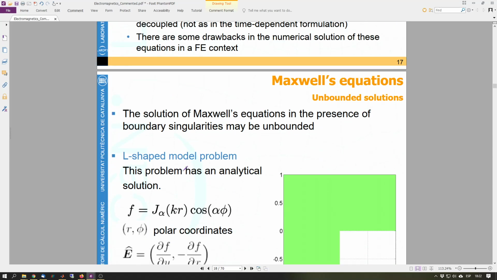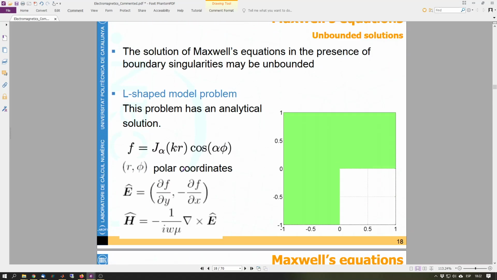So this is one example, the L-shape problem, where the analytical solution can in fact be written in terms of Bessel functions. There's a series of them, and the solution is written in terms of the sum of this series of Bessel functions.